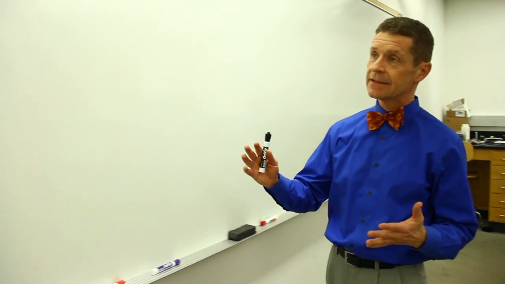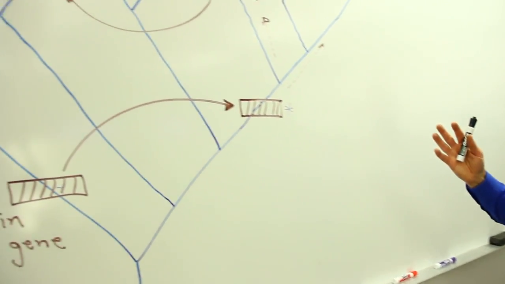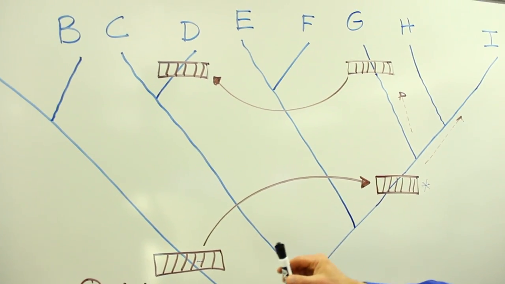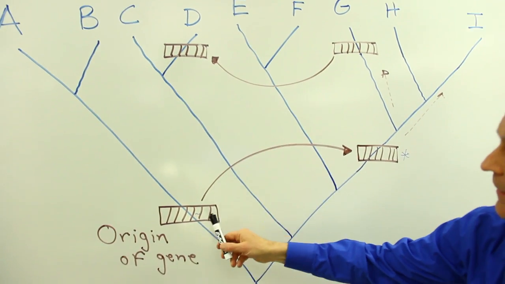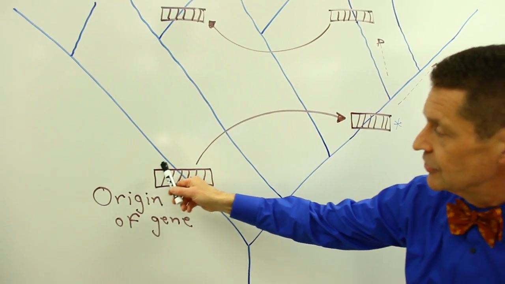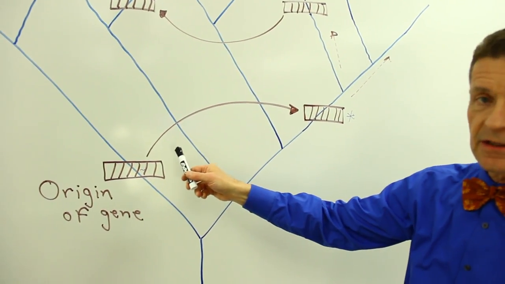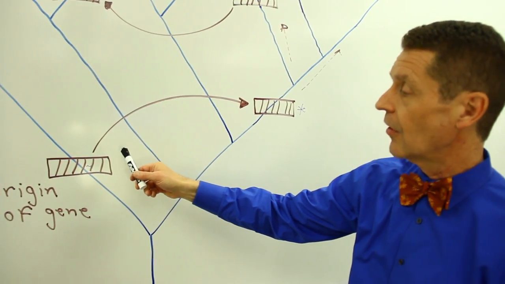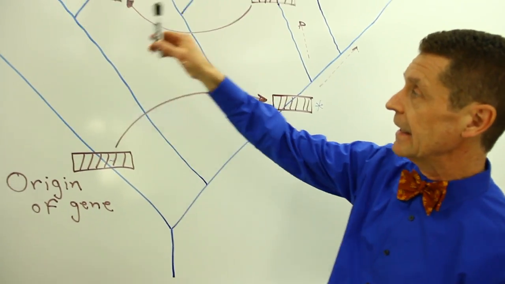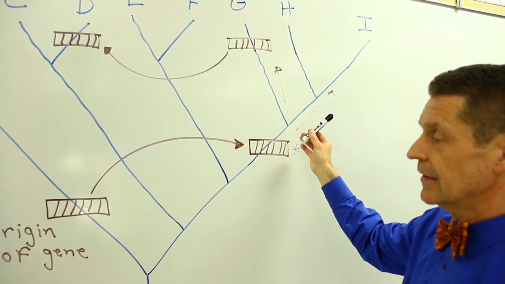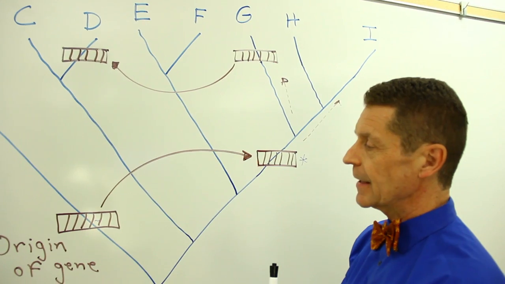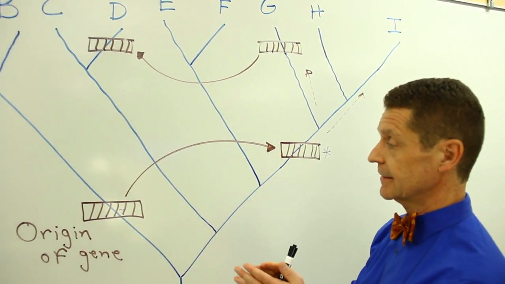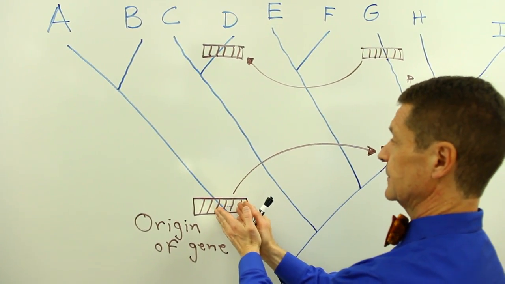So if we go back to this overall phylogeny here, remember there were two transfers. We'll have to keep track of them separately. But this gene right here represents the last common ancestor of this gene in any organism that has it. So if you think about it in this way, what copies have been apart the longest? It's right here.